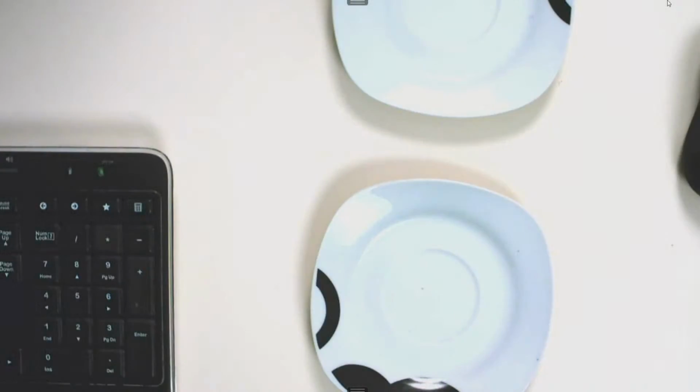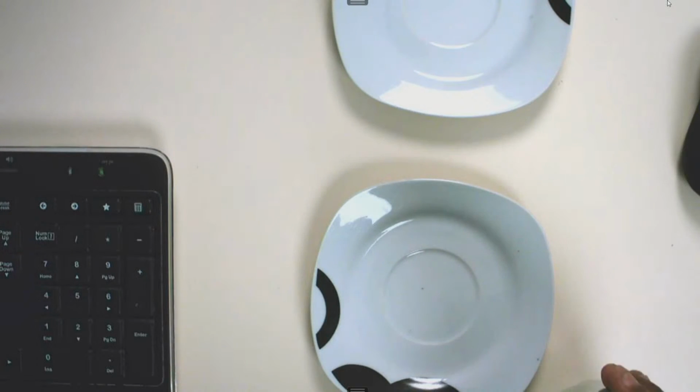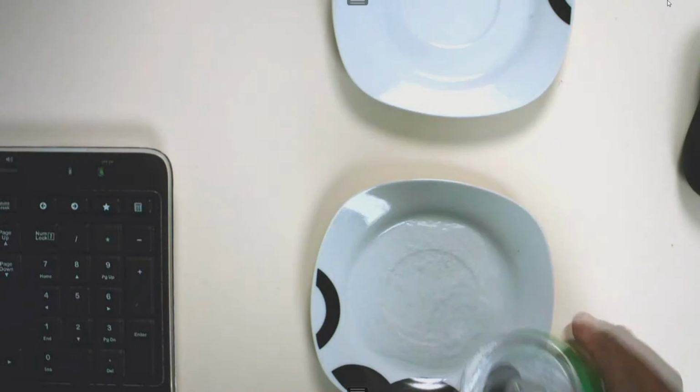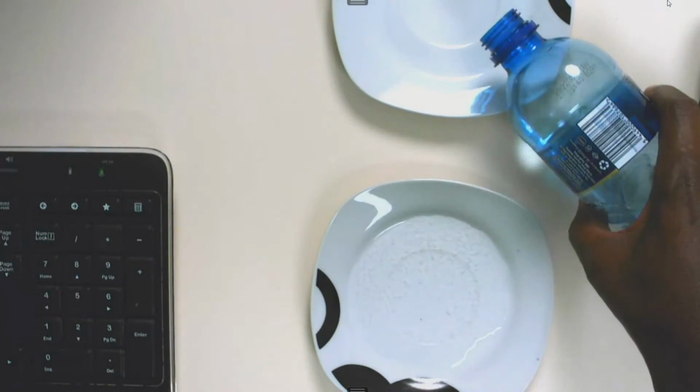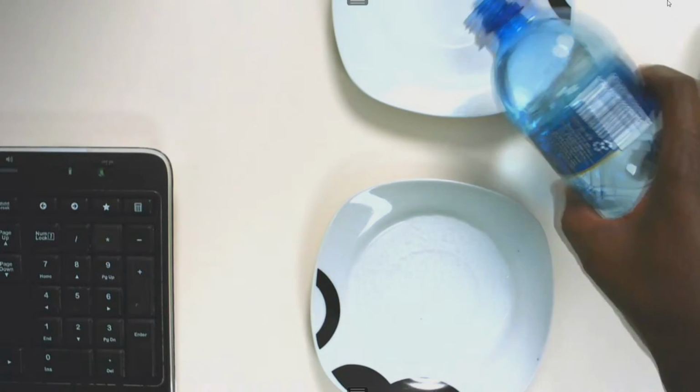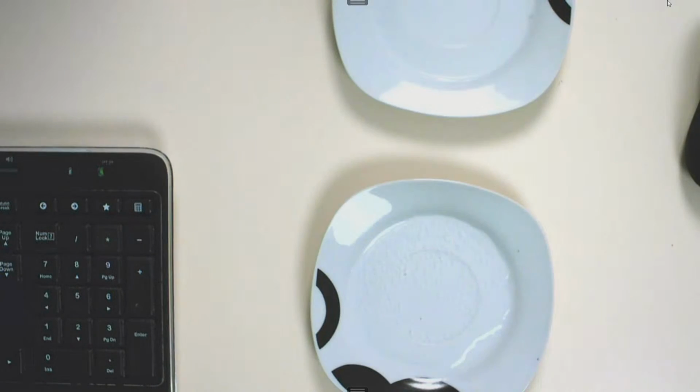The first one, I'm using a vinegar. Then it's a Sprite. Our tap water.